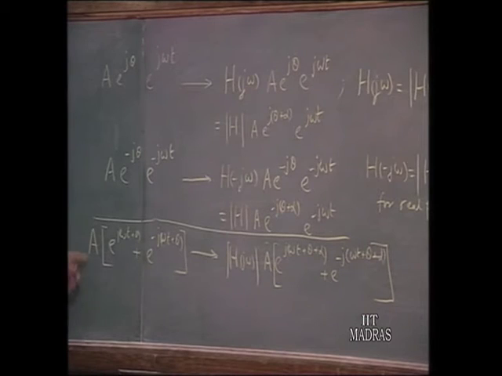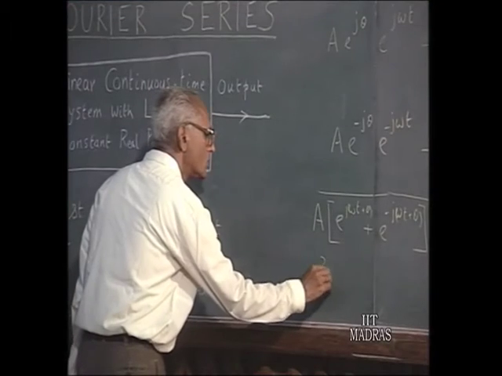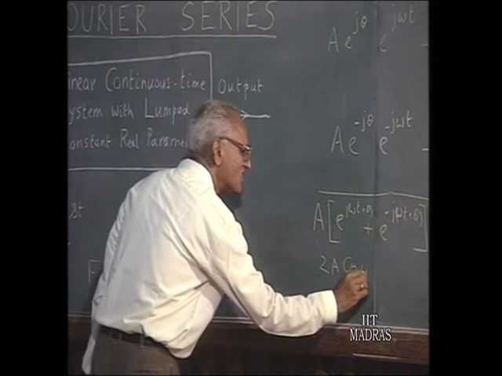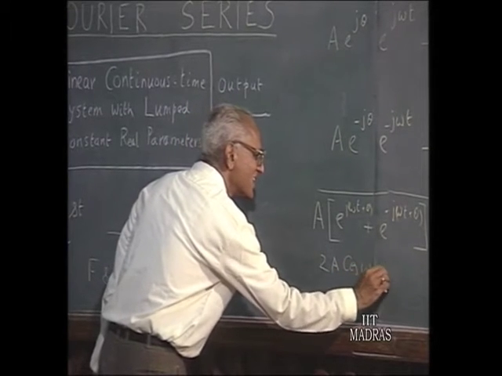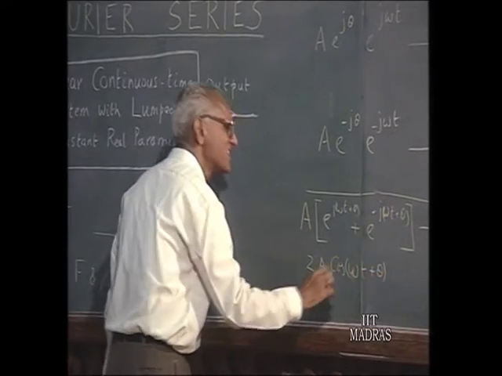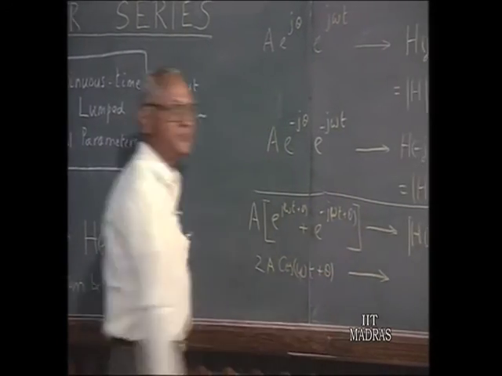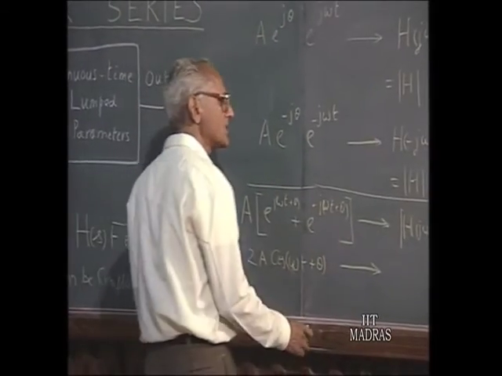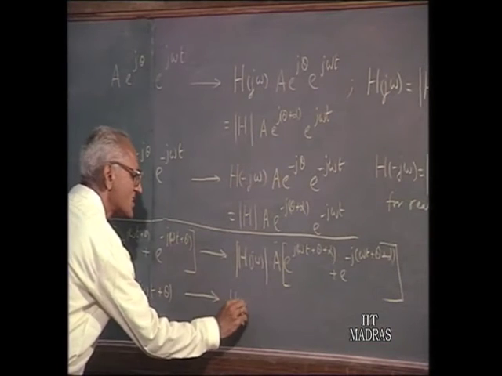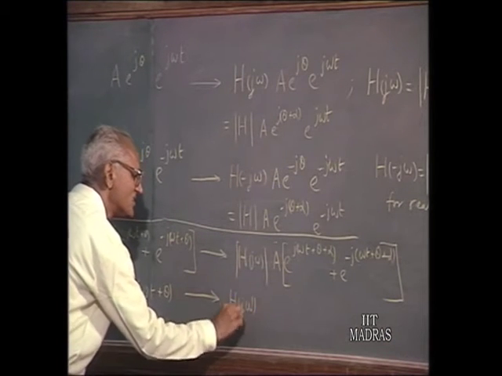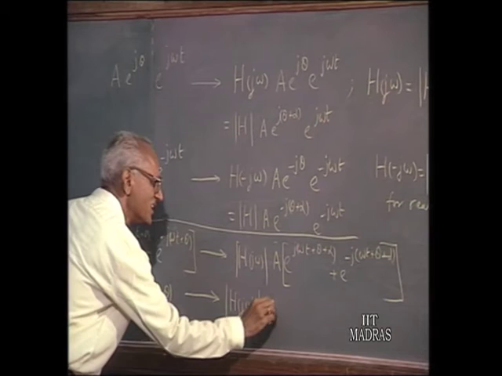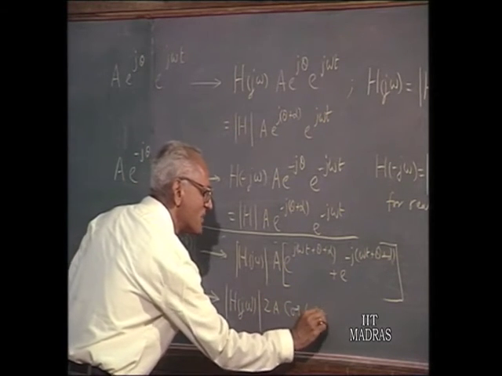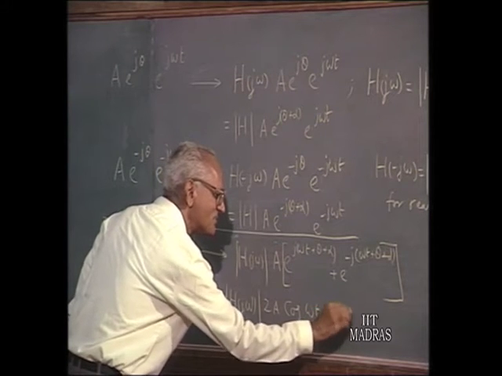And indeed, you could now see that this is really 2a cos(omega t plus theta). That means this is a general sinusoidal function of time, and as far as the output is concerned, you have |H(j omega)| 2a cos(omega t plus theta plus alpha).